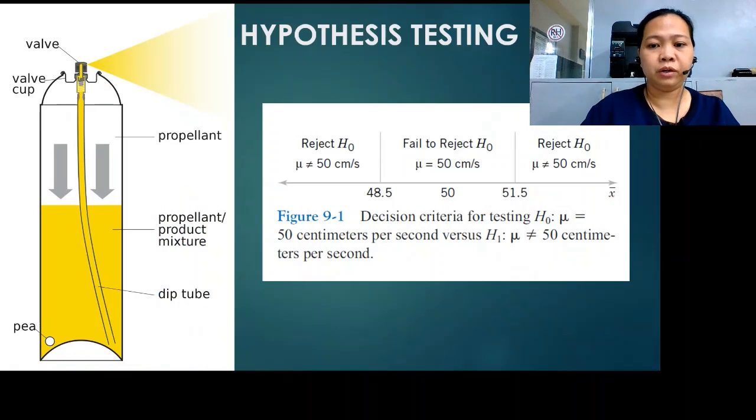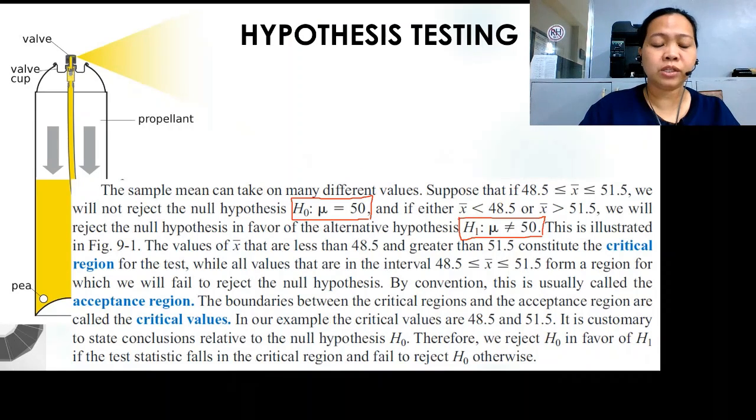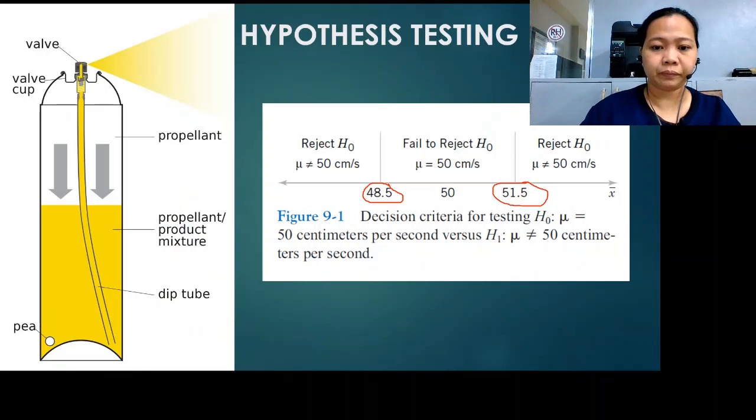So, we will reject our null hypothesis if the mean is less than 48.5 and greater than 51.5. So, the values of the sample mean x bar that are less than 48.5 and greater than 51.5 constitute the critical region for the test.